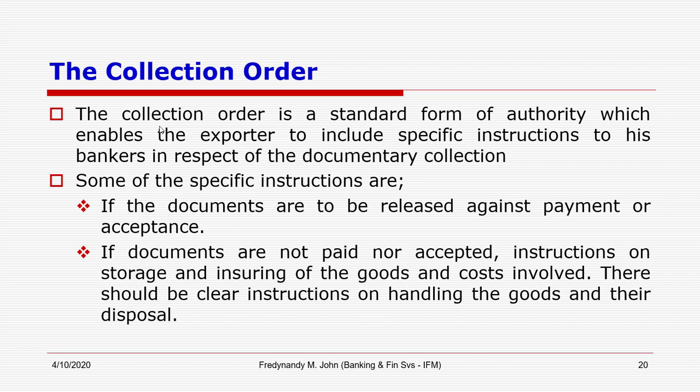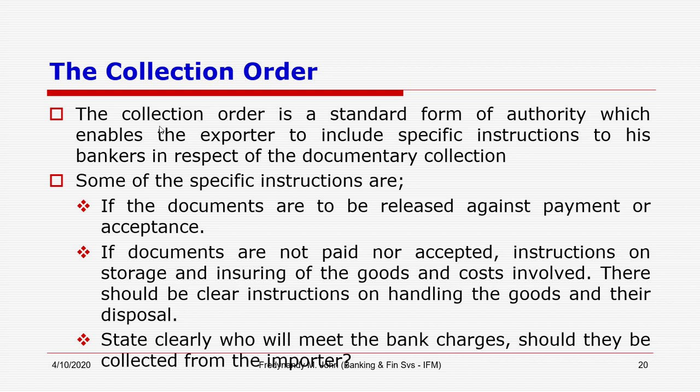But also, the instructions need to assist the banker to know what to do with the goods just in case there is a no-show, that is to say, the importer fails to appear at the bank. So all costs and the way those goods must be handled or disposed of must be included in the collection order or collection instructions. Again, it should clearly state who will meet the bank charges.